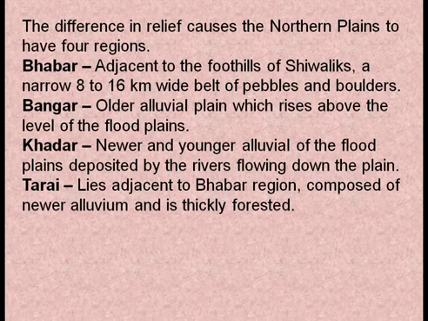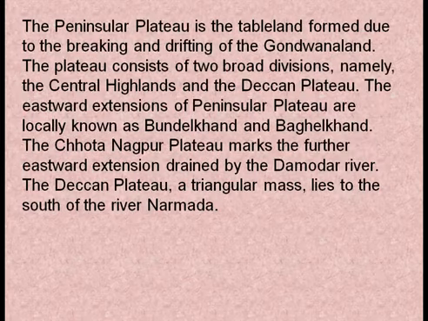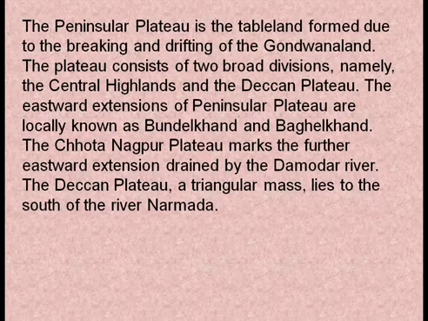Next, the peninsular plateau. We are going to see about the peninsular plateau, the third physiographic feature. The peninsular plateau is the tableland formed due to the breaking and drifting of Gondwana land. The plateau consists of two broad divisions, namely the Central Highlands and the Deccan Plateau.